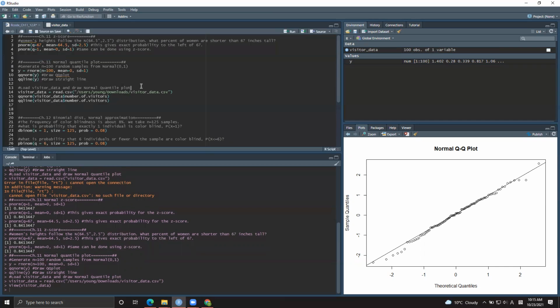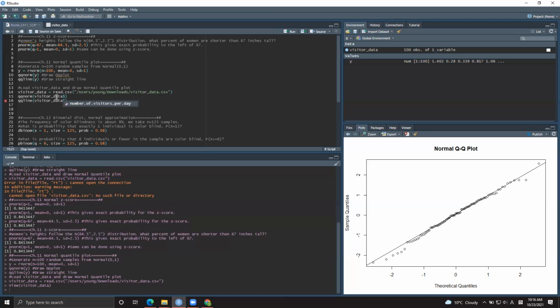So let's go ahead and draw this data set using a QQ norm. I'm going to draw this column of this data set, number of visitors per day. If you do visitor data $, it's going to give you the column inside it.